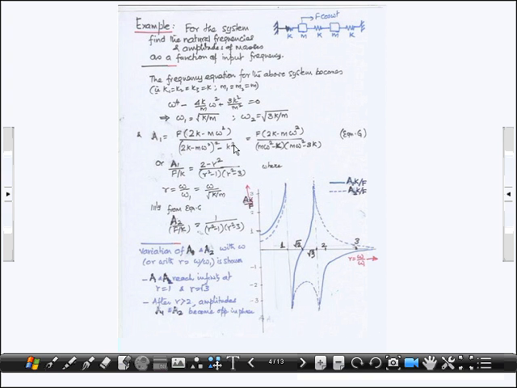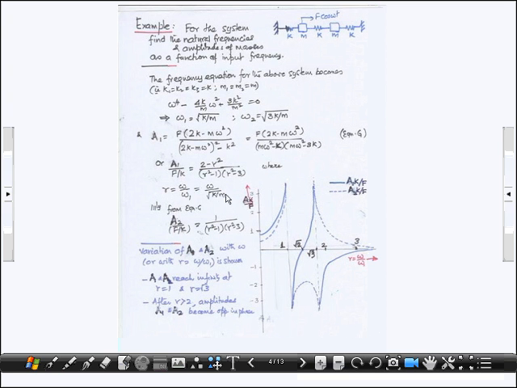Once you divide by F by k, and reduce a1 as a1 over F by k, what you get on the right hand side is (2 minus r square) over (r square minus 1) into (r square minus 3), where r is the ratio of the forcing frequency to the natural frequency. That is, r is equal to omega over omega 1.